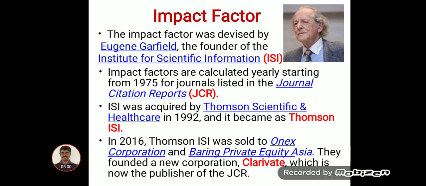Later on, in 2016, Thomson ISI was sold to Onex Corporation and Baring Private Equity Asia. They founded a new corporation called Clarivate, and this Clarivate is now the publisher of the Journal Citation Reports. So finally, it has come into the hands of Clarivate Analytics, which publishes the Journal Citation Reports.